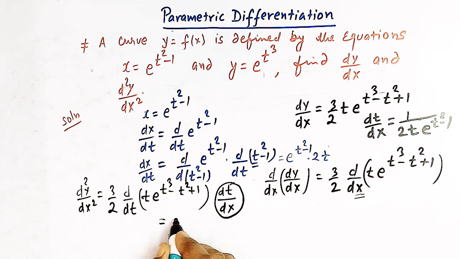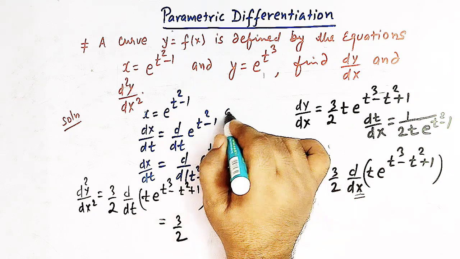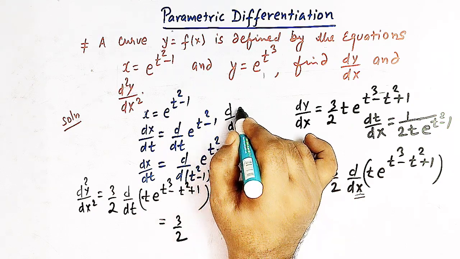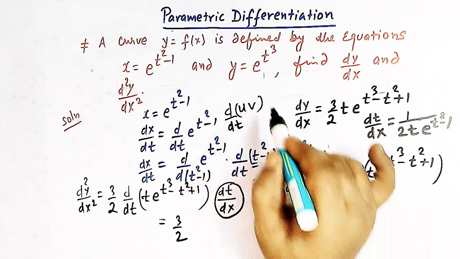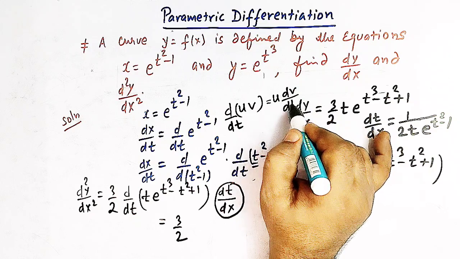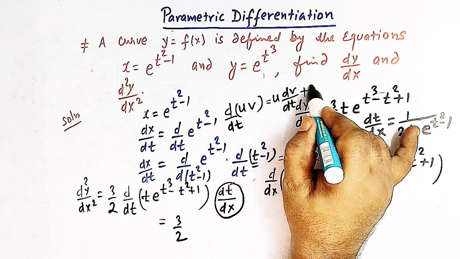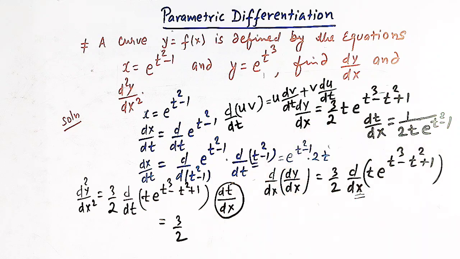So now we have 3 by 2. Here we'll use the product rule, that is d by dt of uv. If u and v are functions of t, then we have u, then dv over dt, and then we have v and du over dt, right? So we can take the first function u as t and v as the second function, right?